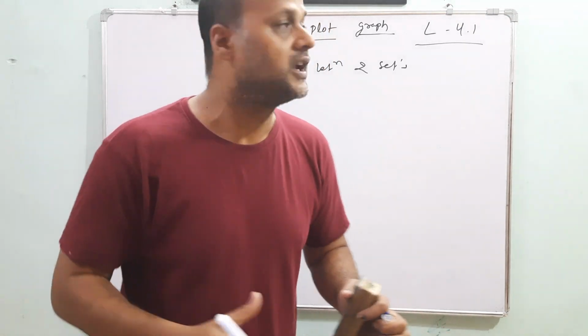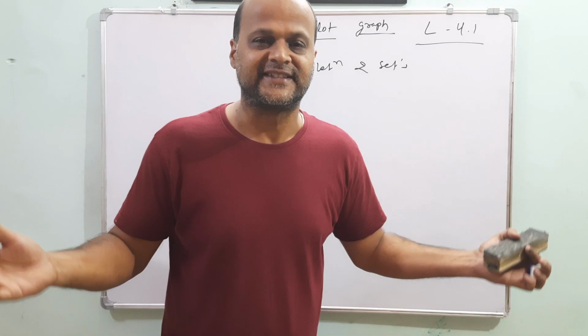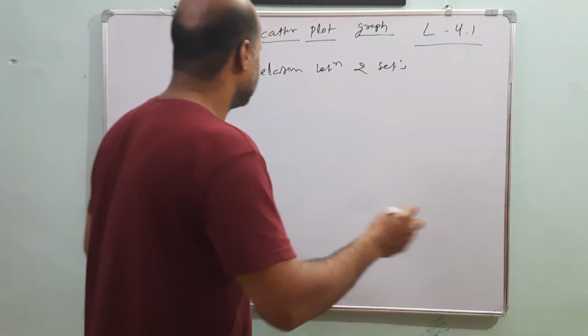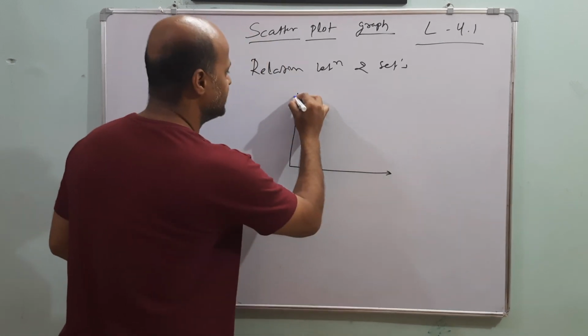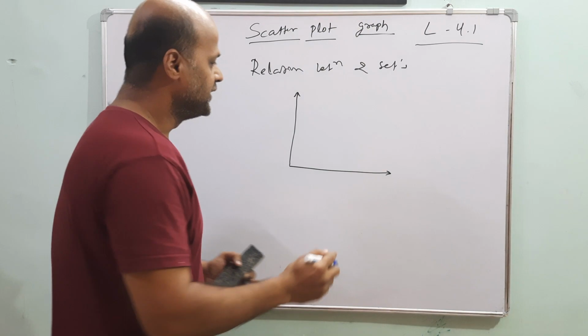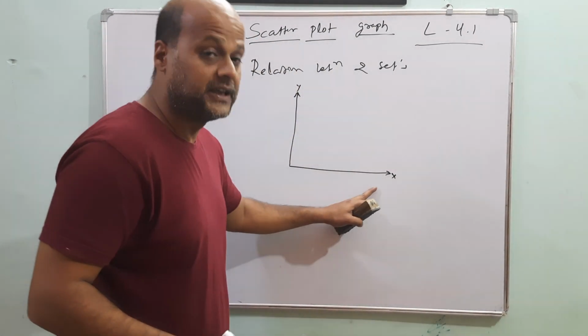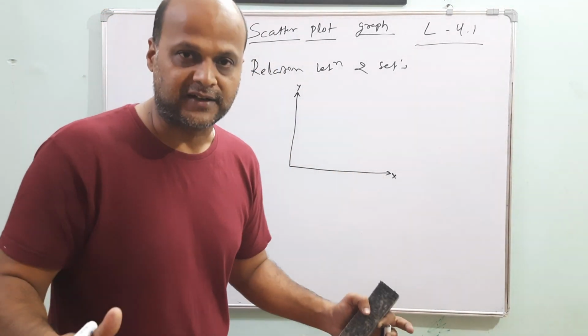Though we are talking about the graph, we know that a graph has two axes, the x-axis and the y-axis. The x-axis is given some data and the y-axis is given some data.